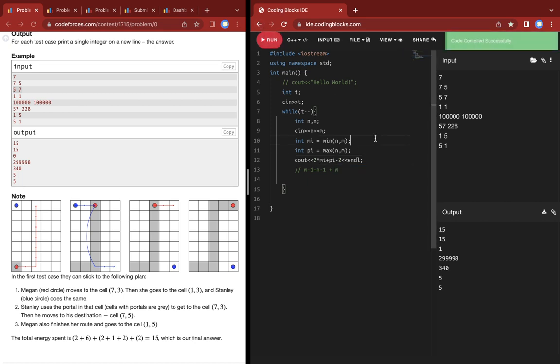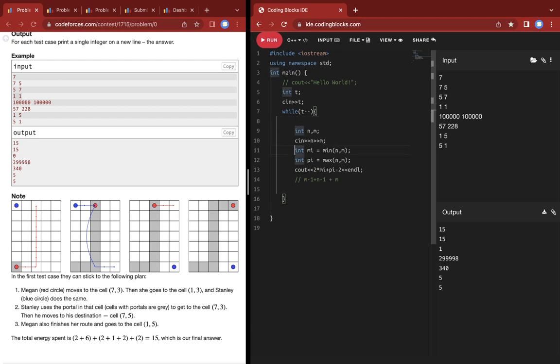So yeah, 15, 15, 1, 2, 9, 9, 8, 340, 5, 5. So this one is wrong. Okay, why is this wrong? Because we are at the same place where we start. Interesting. Is this an edge case? Why isn't this edge case handled by this?